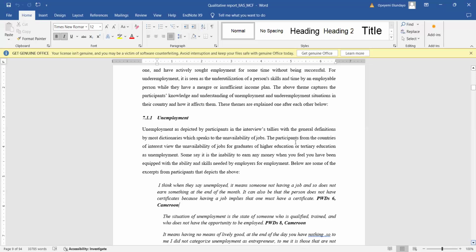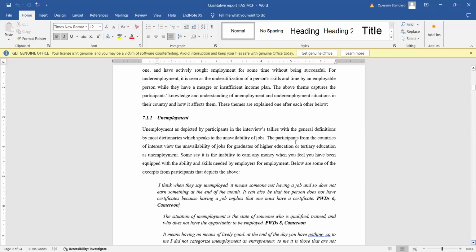Unemployment as depicted by participants in the interviews tallies with the general definition by most dictionaries, which speaks to unavailability of jobs. The participants from the countries of interest view unavailability of jobs for graduates of higher education or tertiary education as unemployment.